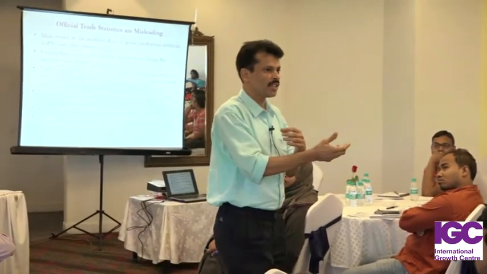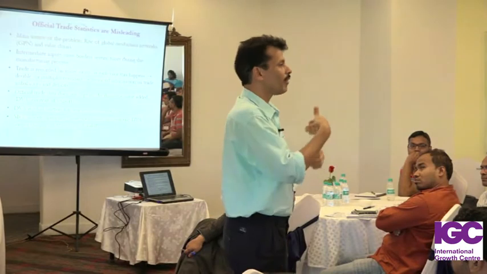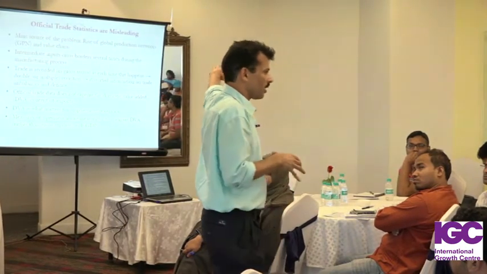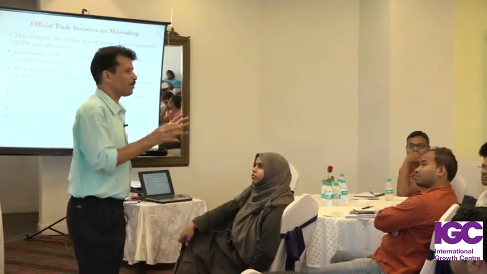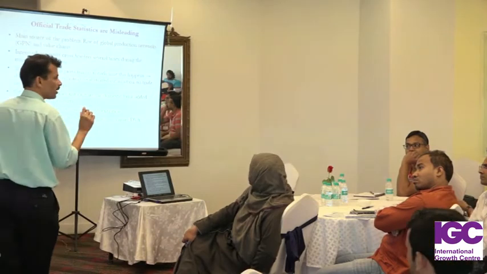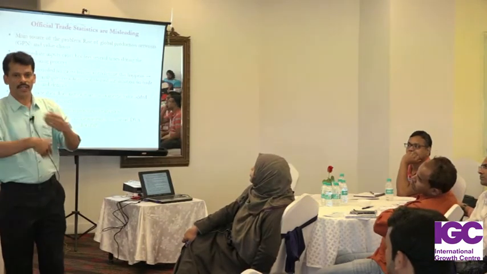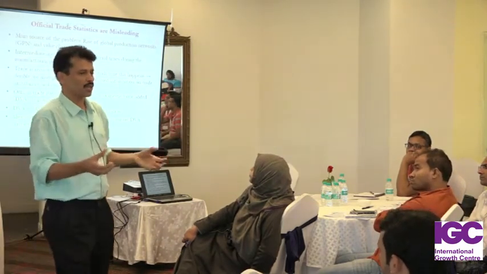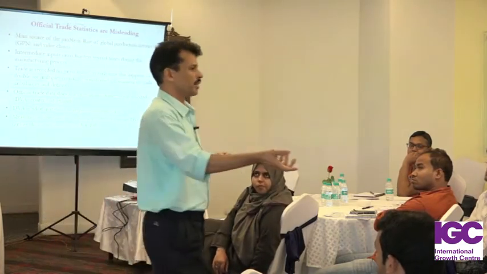So in order to correctly estimate the trade deficit, you have to estimate it on the basis of trade in value added, not trade in gross terms, because if you measure it in gross terms, you will not get the correct picture, because of the double counting and multiple counting that I mentioned. So what is the correct way of measuring trade data? You have to convert whatever trade data you get from customs records into a trade value added basis.